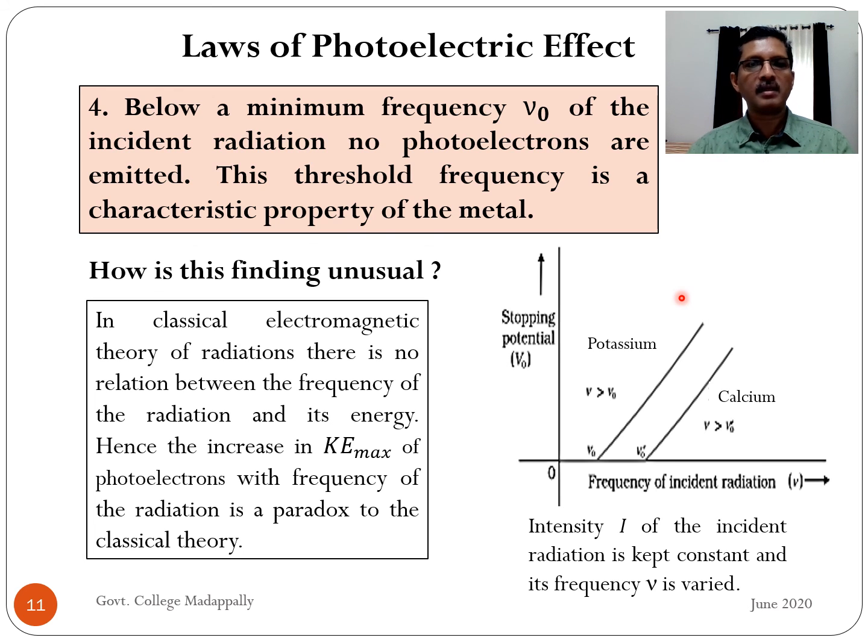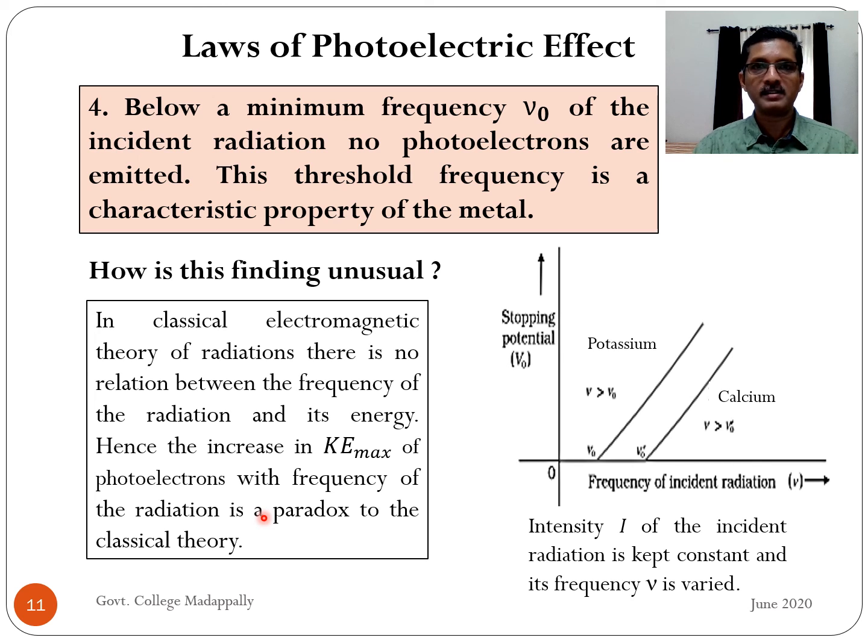But in classical electromagnetic theory of radiations, there is no relation between frequency of the radiation and its energy. Hence the increase in maximum kinetic energy of photoelectrons with frequency is a paradox to the classical theory. That is why it is unusual.